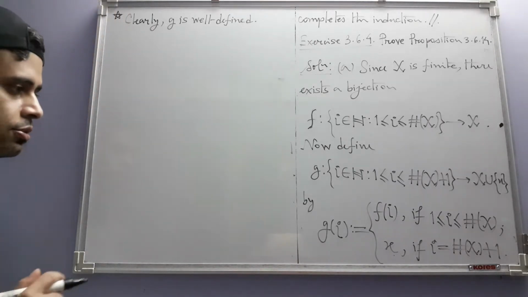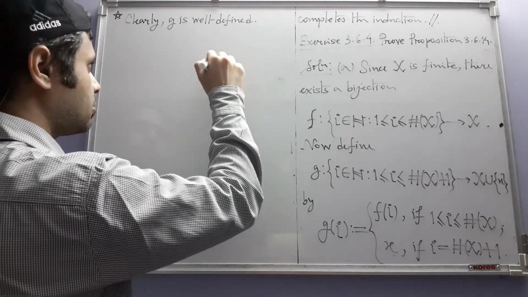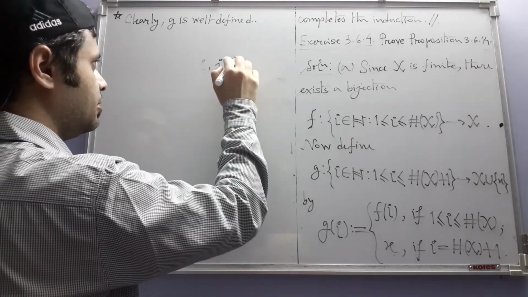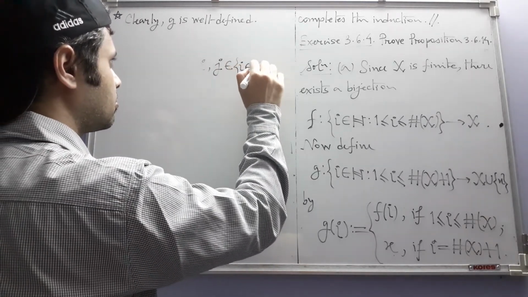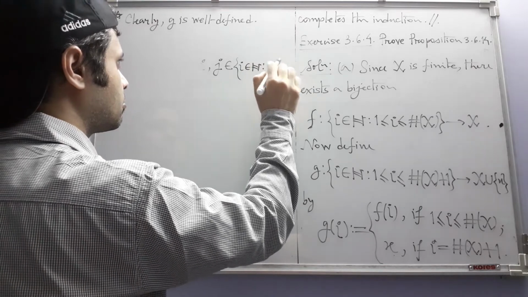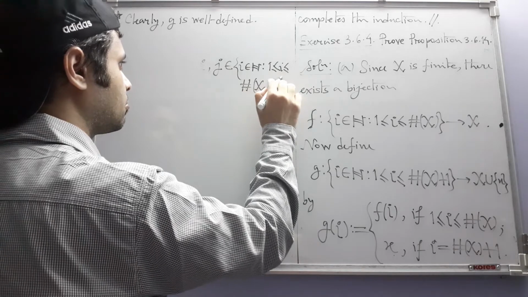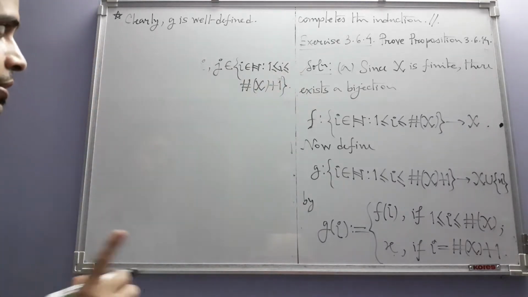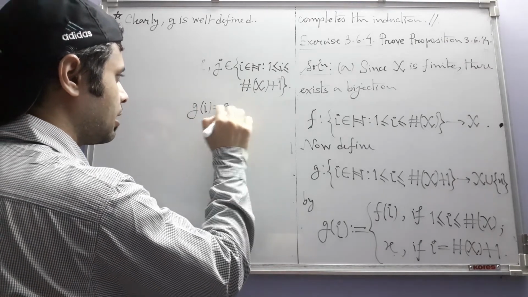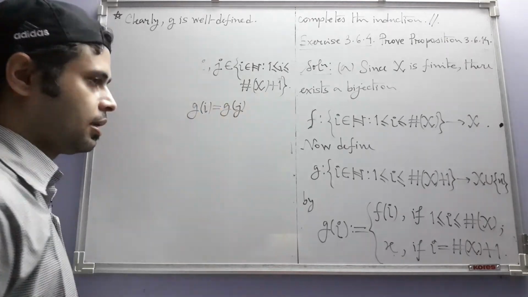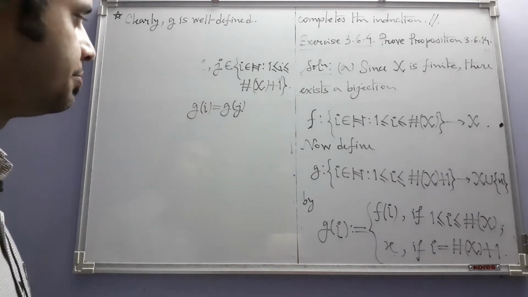How is that so? Say you take two elements I and J in the domain of g, such that their g images are equal. Our aim is to show that I is equal to J.